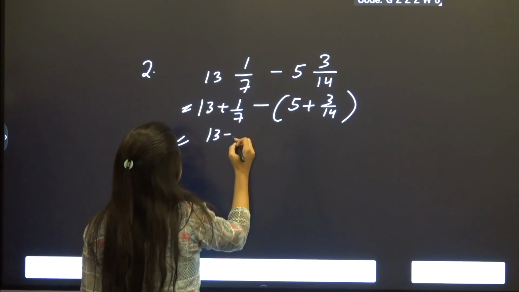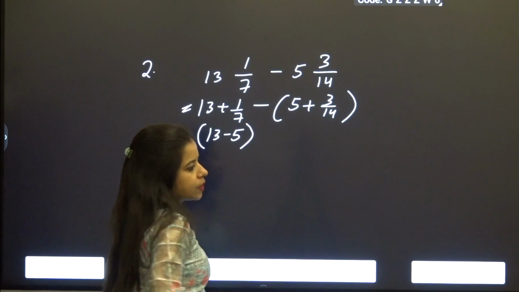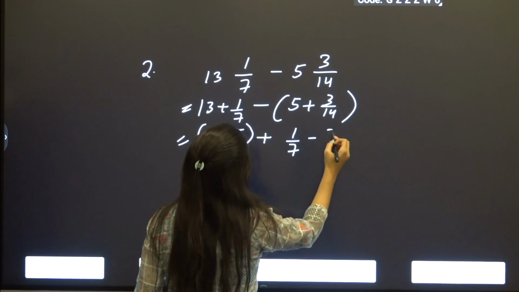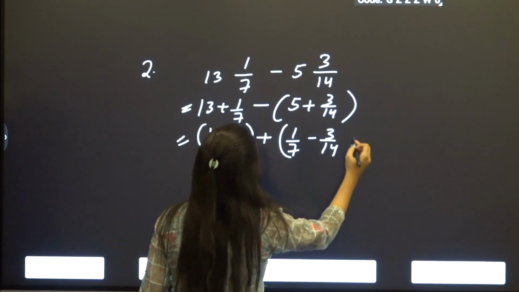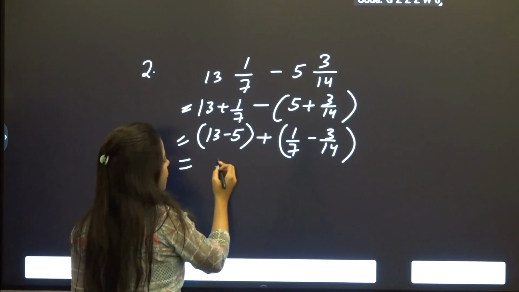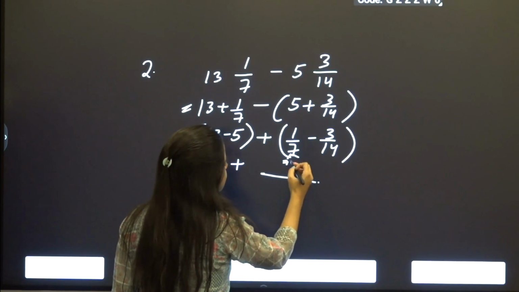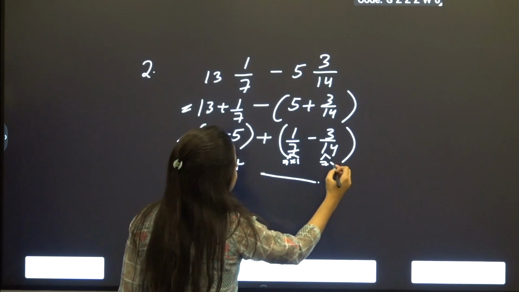Next we can handle the whole part separately and the fractional part separately. This is 13 minus 5 is 8 plus, here we can see that this is 7 into 1 and this is 7 into 2.